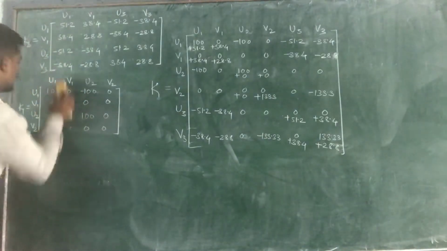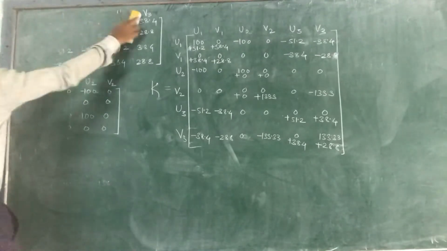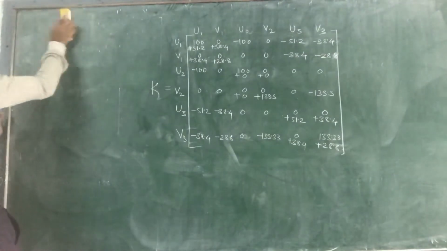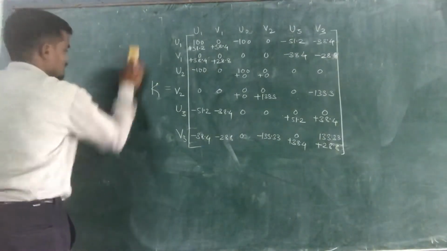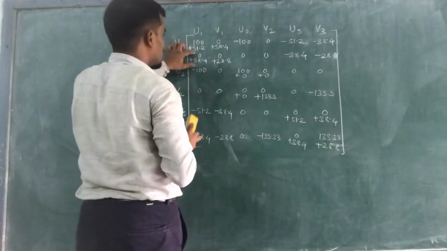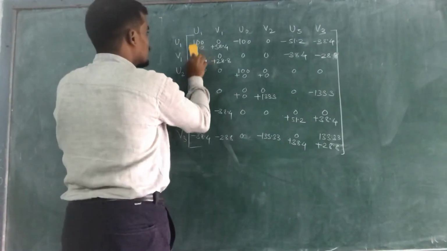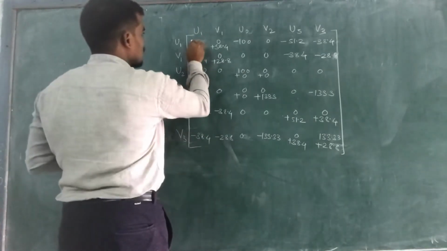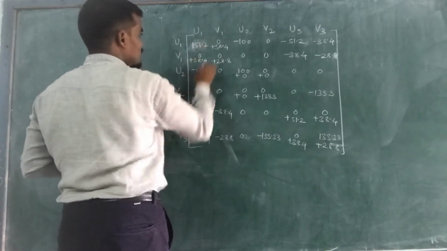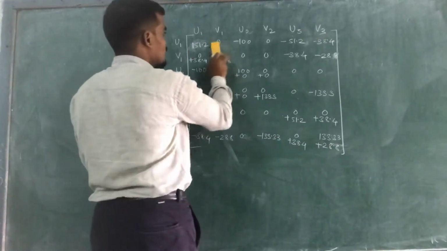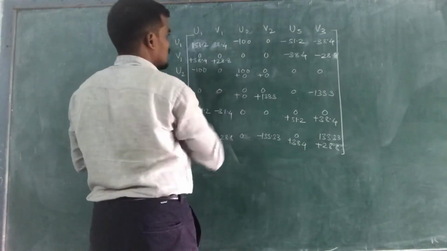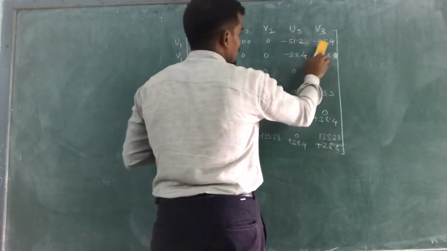So on simplifying, this will become 100 plus 51.2, which is 151.2.